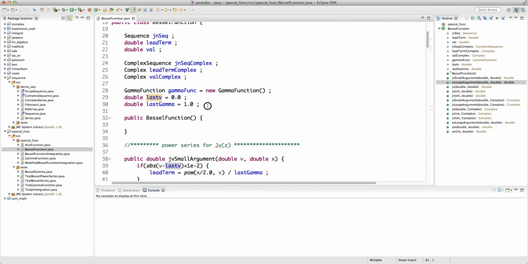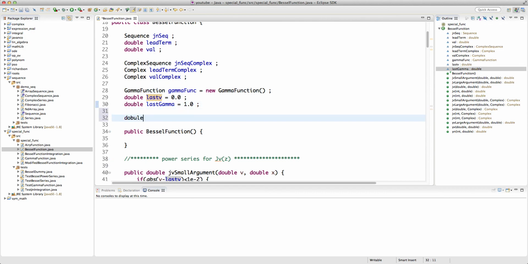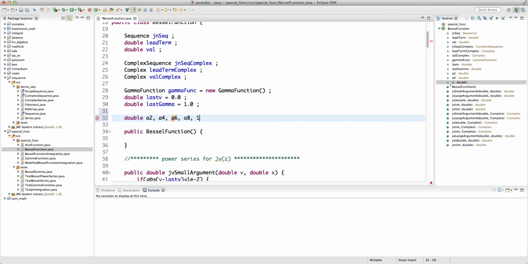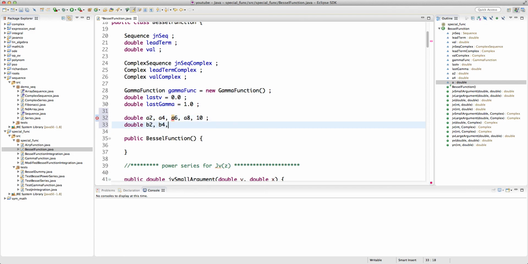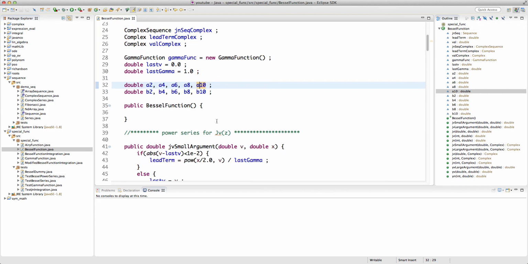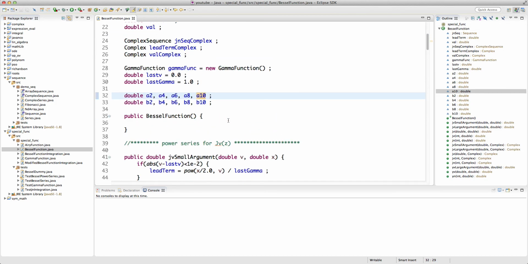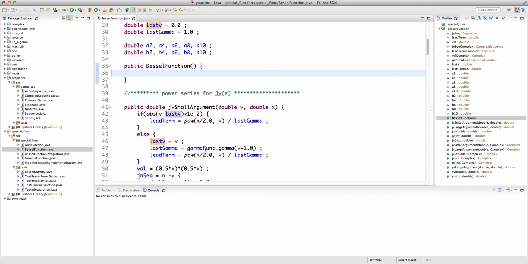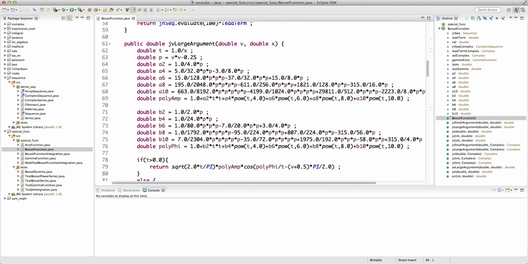So I can come here and say double a2, a4, a6, a8, a10, and double b2, b4, b6, b8, and b10. All right, so we can define them as state variables. The default is that the index is 0, so we can calculate them for 0. And then here we check whether or not nu has changed.